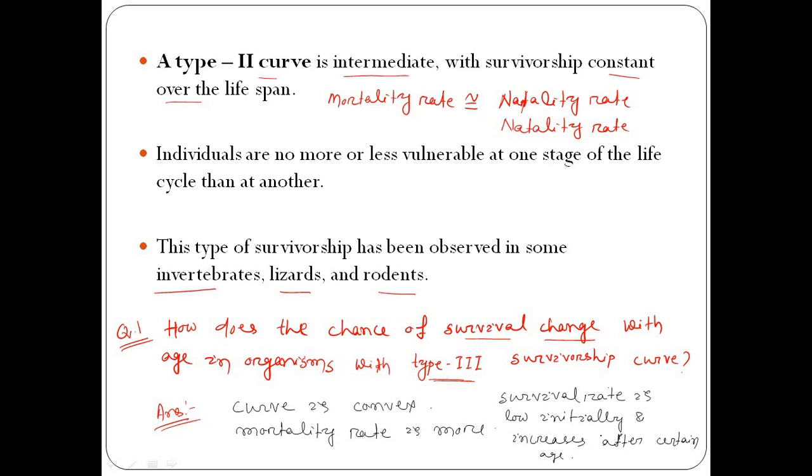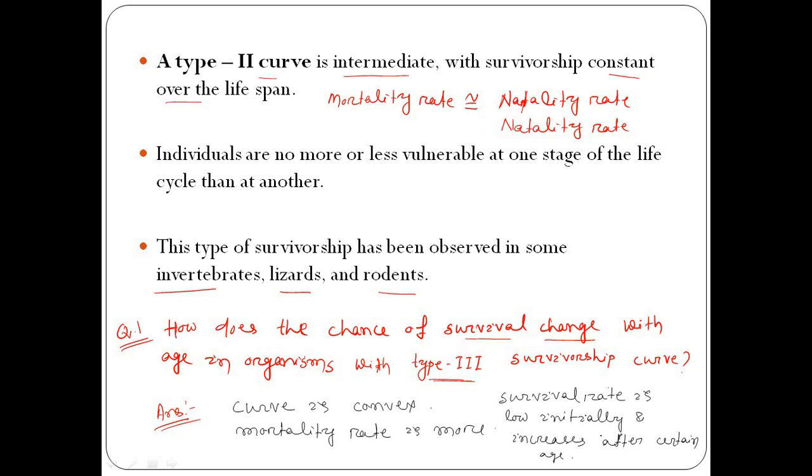That means when some of the organisms reach the age of maturity, they lead to old age and they will survive. But in this type 3 survivorship curve, the offspring are more prone to die. So initially the mortality rate is high.